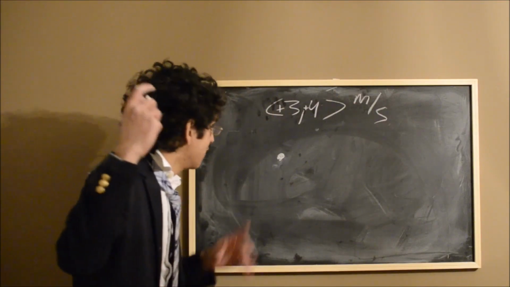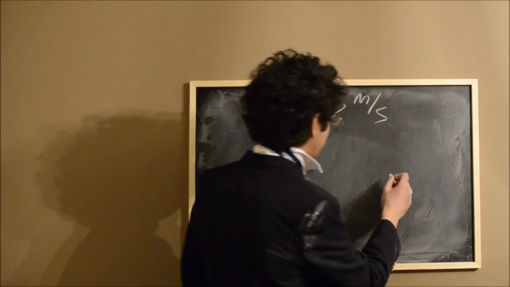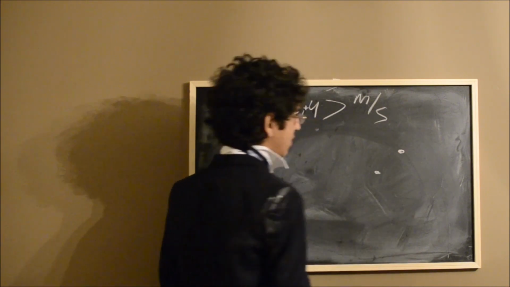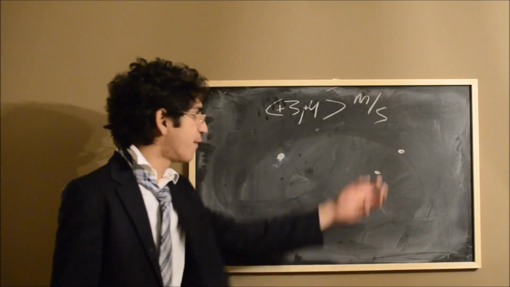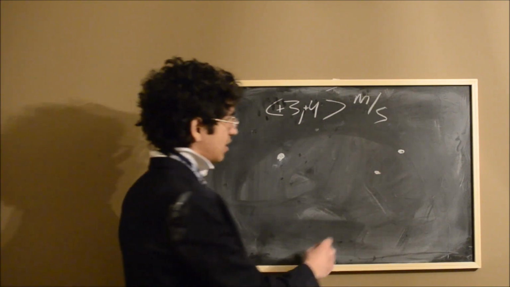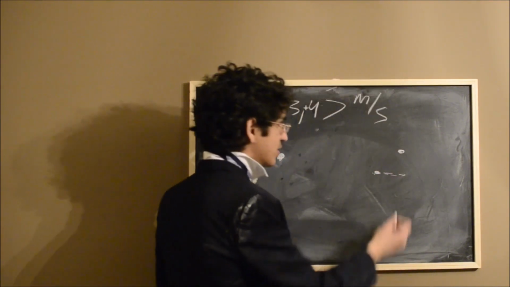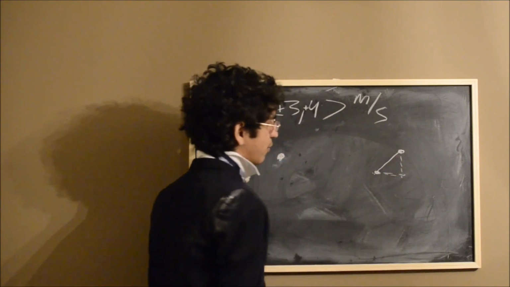Now, if I have a displacement, just take this for an example. So I have a particle that moves from here to here. How can I tell how far that particle traveled? Well, we can use the Pythagorean theorem, where that's the x component, and that's the y component, and this distance is what we're looking for.